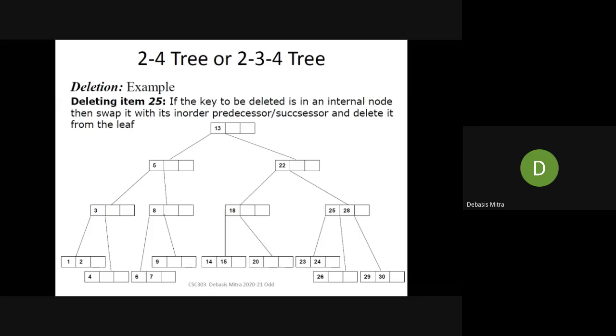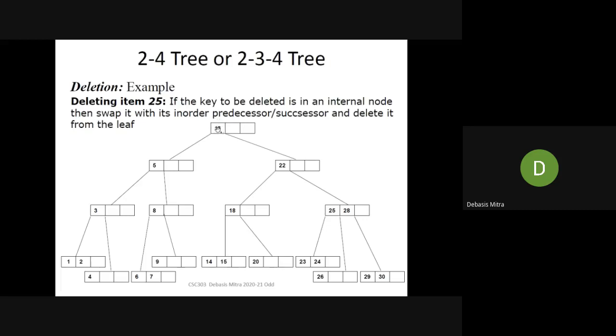Where is 25? In order to search, I have not mentioned the actual first step of the deletion process, which is to locate the node. I have to employ M-way search to reach the particular node. I am just omitting that, but you should not get confused that it is not needed. It is needed. I have to search 25 first.